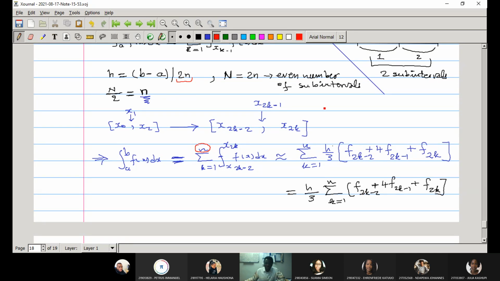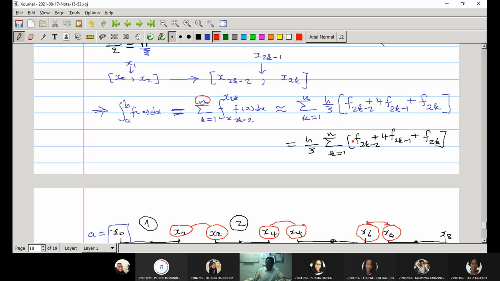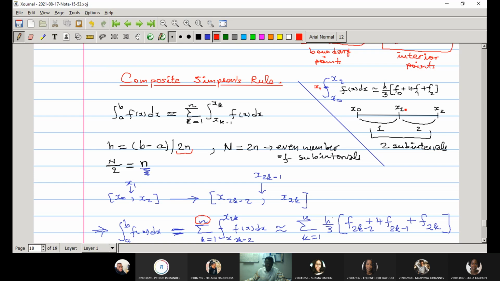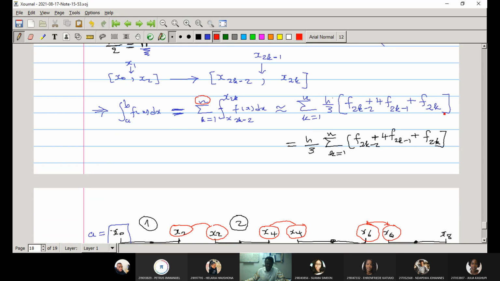All right. Now we apply our composite Simpson rule. We apply Simpson rule to this sub-interval with the summation in front. This is our basic rule, and we substitute there.